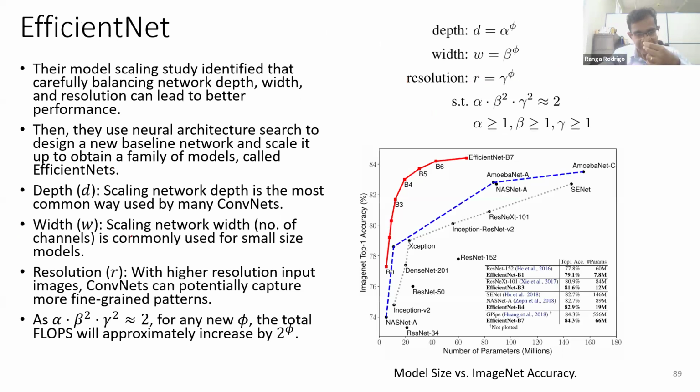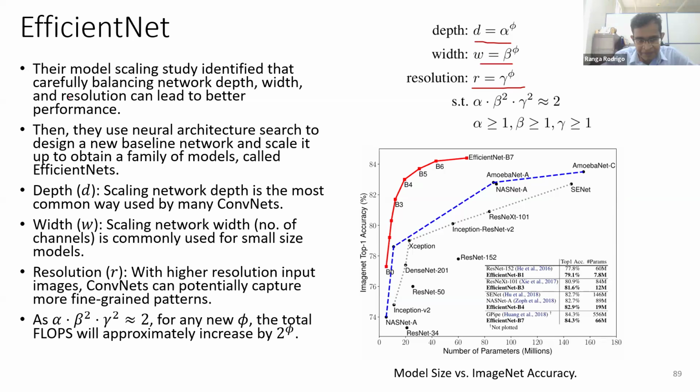So there are these EfficientNets. In these EfficientNets, what they did was, when you double the amount of computational resources that you have, how should you control the so-called depth, width, and resolution? For that they came up with some rules.